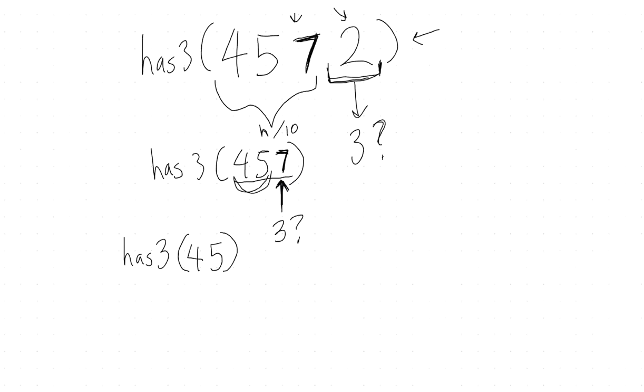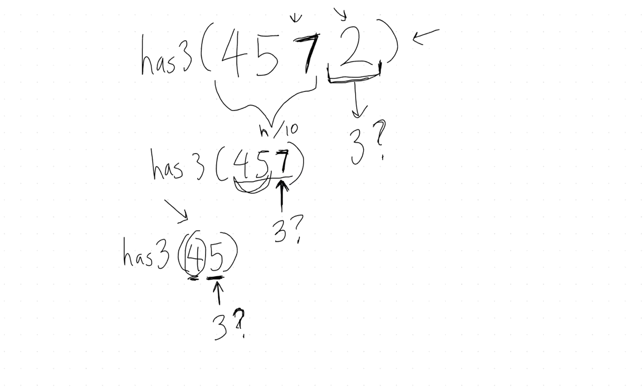Just like with the previous recursive calls, we only have access to the last digit. Is this 3? It's not 3. So we want to look at the rest of it as well.